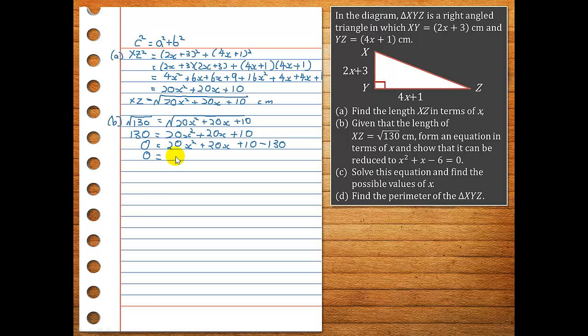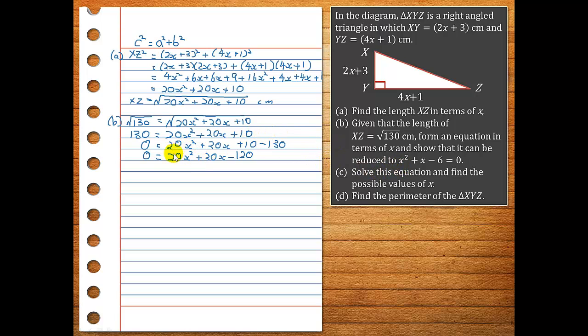Simplifying the common terms, we will have 20x squared plus 20x, and 10 minus 130 will be equal to negative 120. Now this equation here and this equation does not seem to be the same. This is 20x squared and this is only 1x squared.